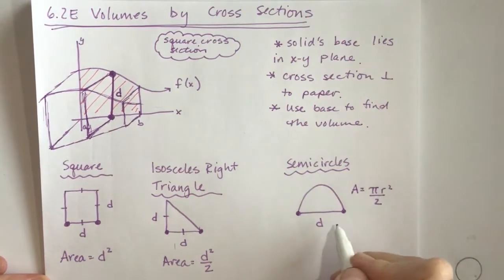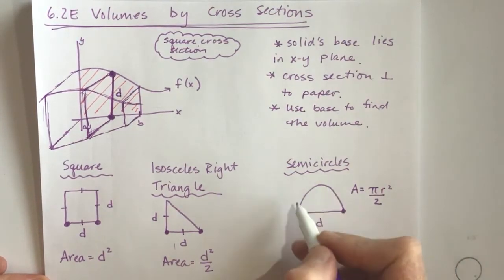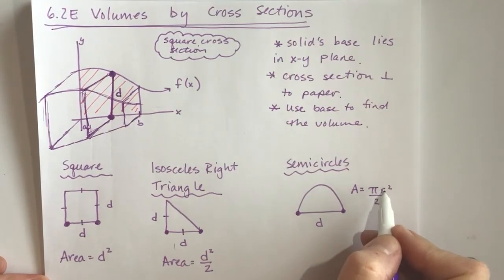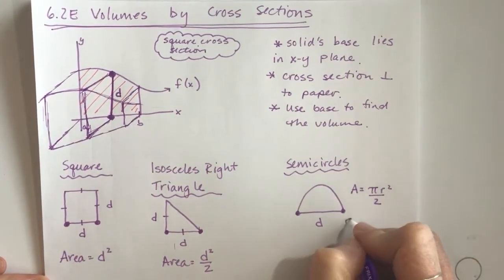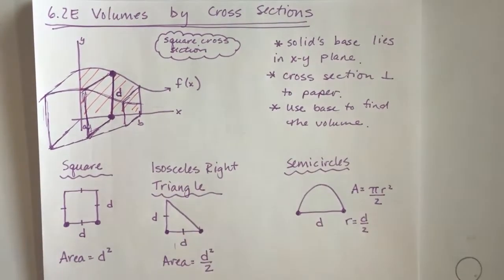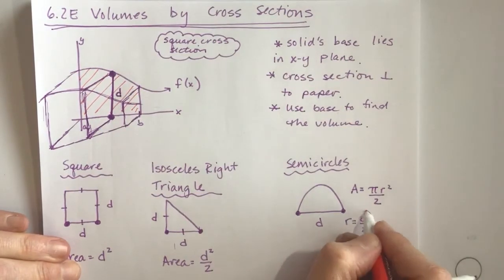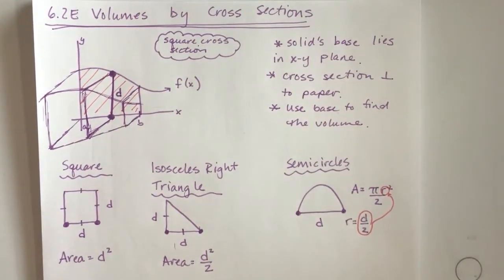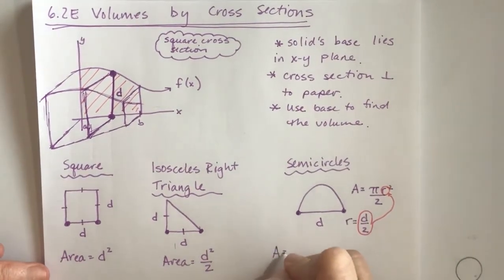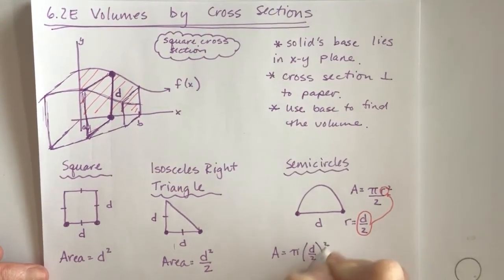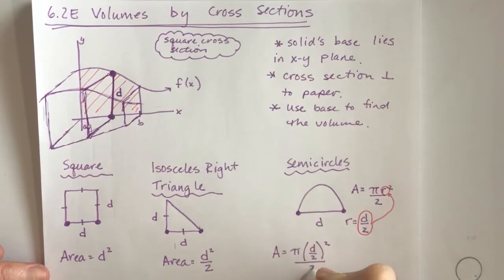And then we want this formula in terms of D, the diameter, instead of r, the radius. So we're going to say r is equal to D divided by 2, and then do a quick substitution. So we can substitute that in for r. So the area is equal to pi times D over 2 squared, and then that whole thing is divided by 2.